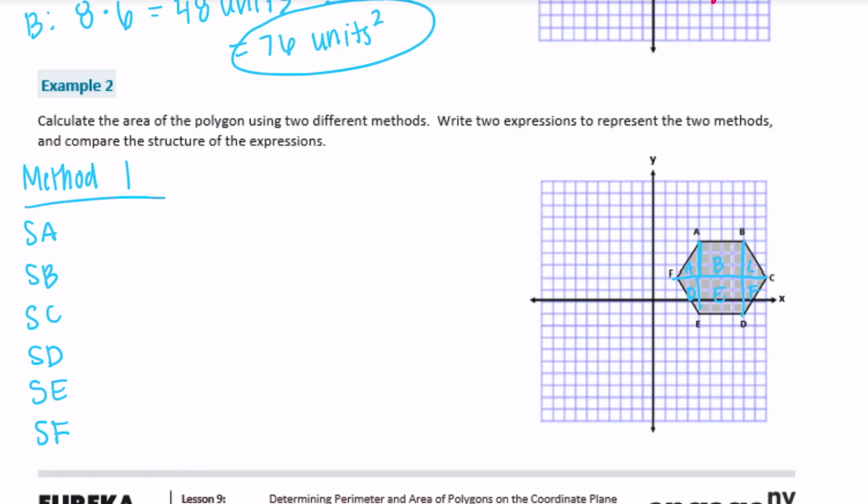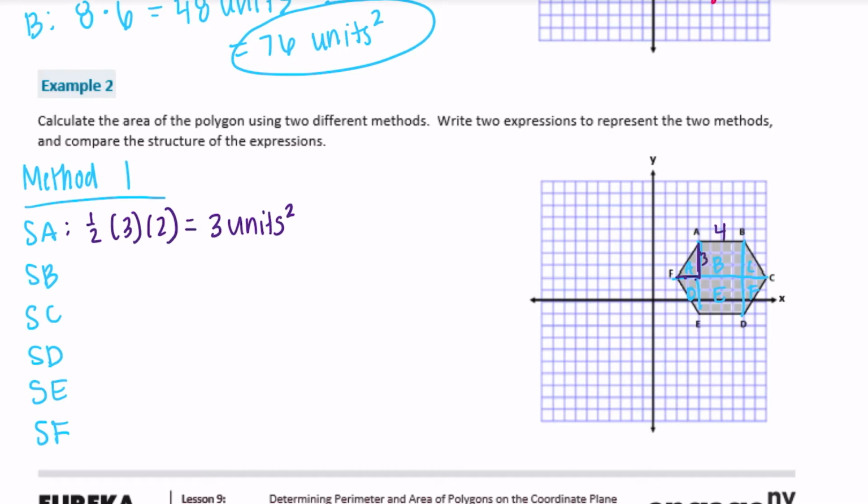So A, if we're looking at it, the height is 1, 2, 3, and the width is 2. So 1/2, 3 times 2, half of 6 is 3 units squared.